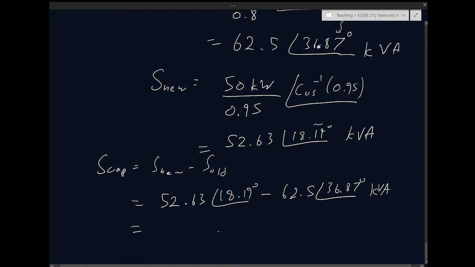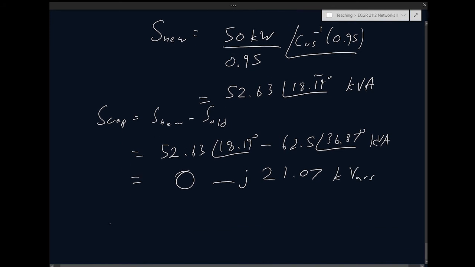So I get 0 on the real part, and then minus j 21.07 kVARs. I know that S cap is just minus j omega C V RMS squared, which equals minus j 21.07. Let me write it in VARs. So it's 21070 VARs.